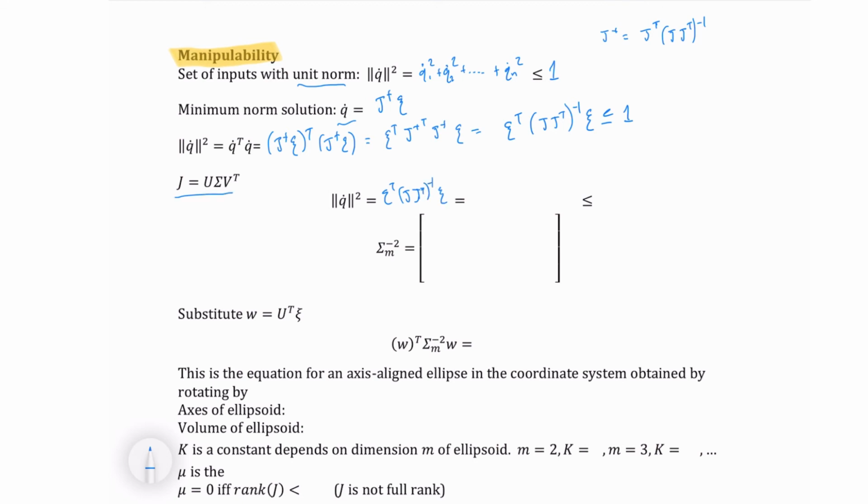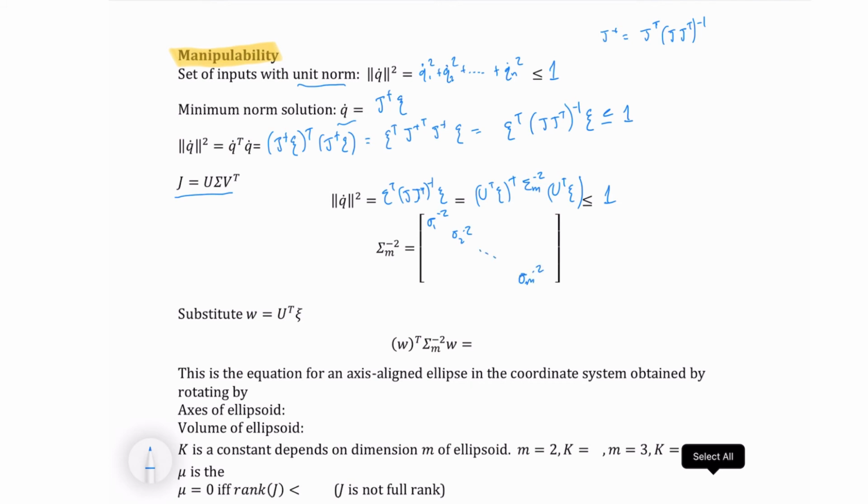If I put my singular value decomposition in for my J, then my V's are going to cancel, and I will get U transpose psi, this quantity transpose, times my sigma matrix to the -2 times my U transpose psi. You can work that out, but the singular values in the middle are going to be sigma 1 to the -2, sigma 2 to the -2, all the way down to sigma m to the -2.